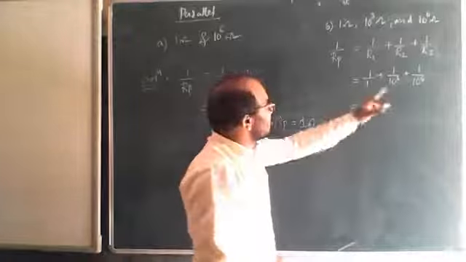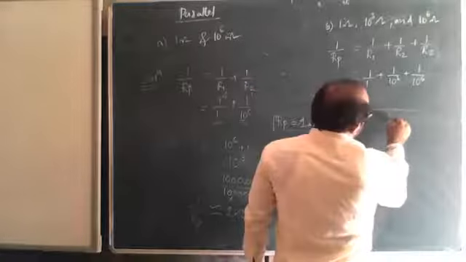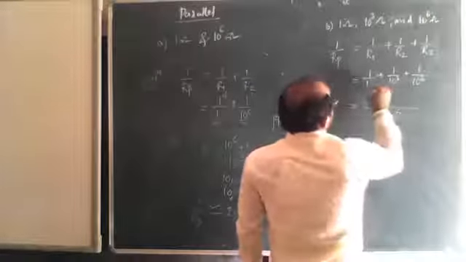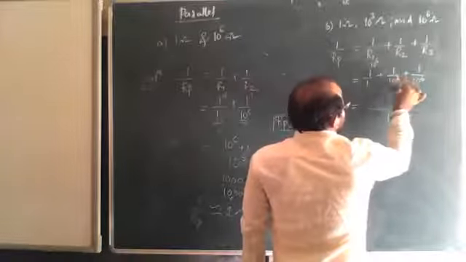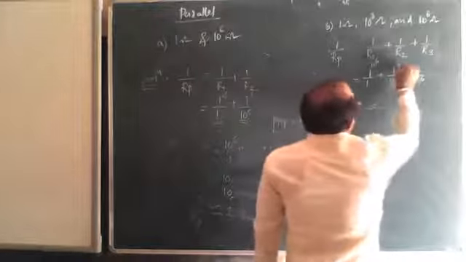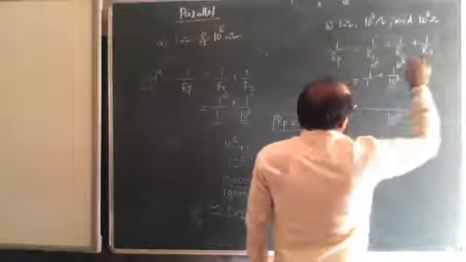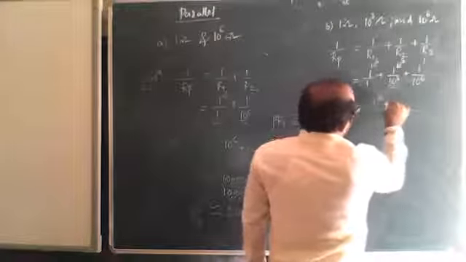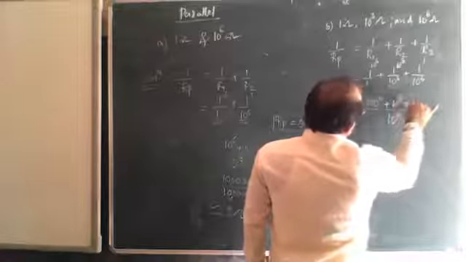The LCM is 10 raised to 6, so 10 raised to 6 plus 10 raised to 3 plus 1.